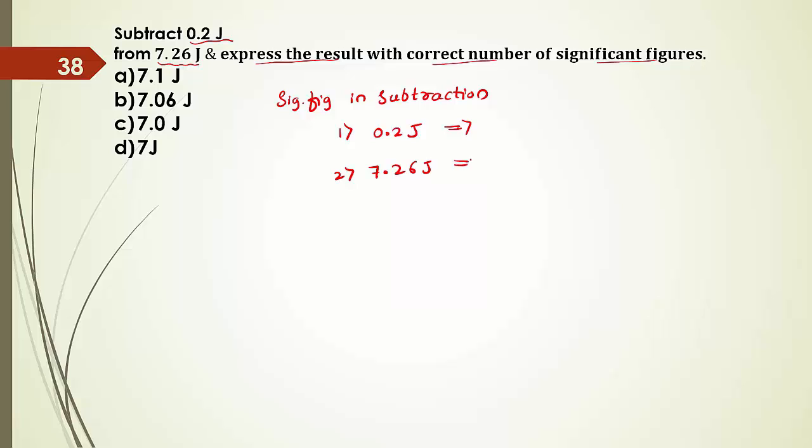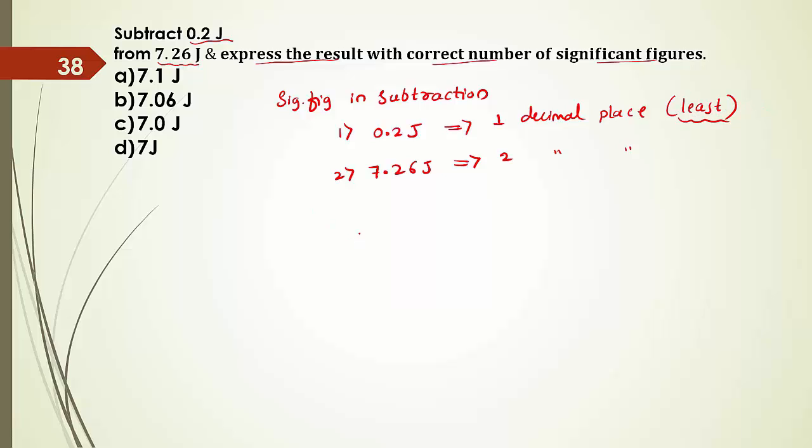First you can observe how many digits are there after the decimal place. 0.2, after this decimal point only one decimal place. In the second number there are two decimal places, 2 and 6. Then which is the least decimal place here? 0.2 joule has the least decimal place. So after subtracting, the final result should contain the least decimal places.